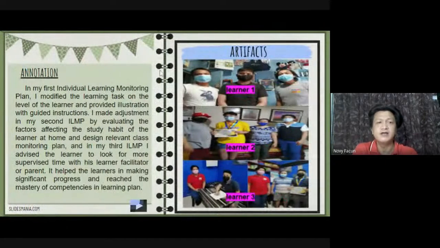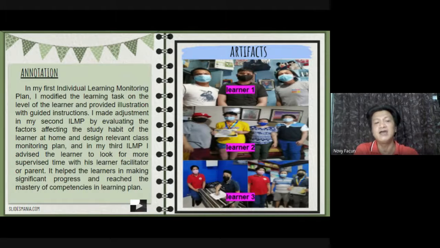And this is the artifact, the comparison of learners 1, 2, and 3. In my first individual learning monitoring plan, I modified the learning task to the level of the learner and provided illustration with guided instruction. I made an adjustment in my second ILMP by evaluating the factors affecting the study habits of the learner at home and designed a relevant class monitoring plan.